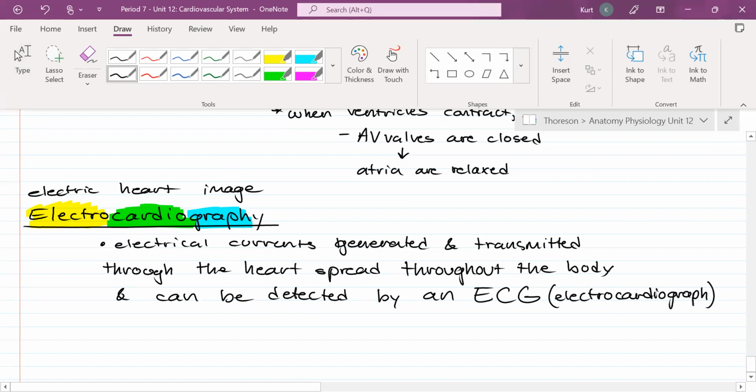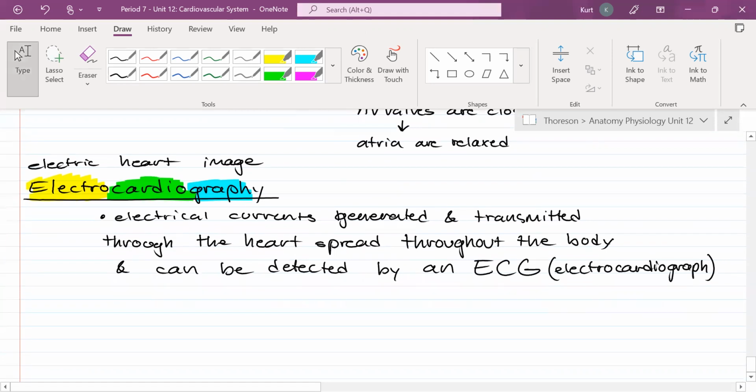Now, some people might call it an EKG. Americans call it EKG too, because in several countries, namely like European, Germany, and so on, they spell cardio with a K. And so you might hear it called an EKG. It is the exact same thing as an ECG. I mean, it's just K, C, whatever. Practically the same thing.